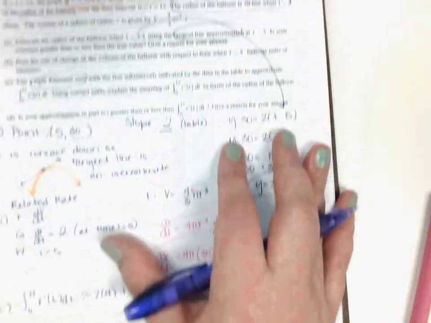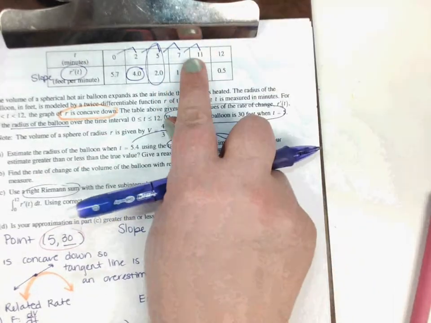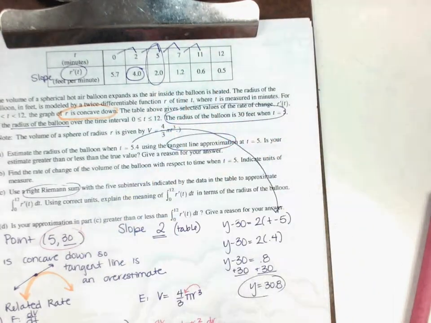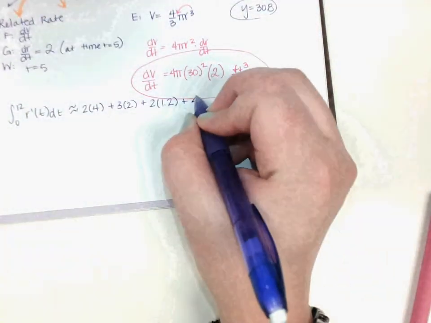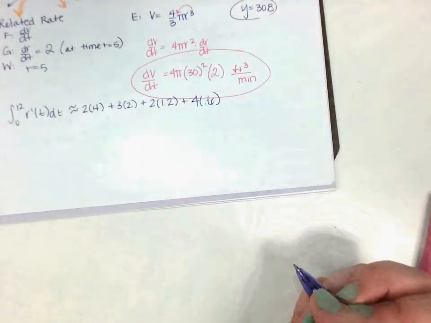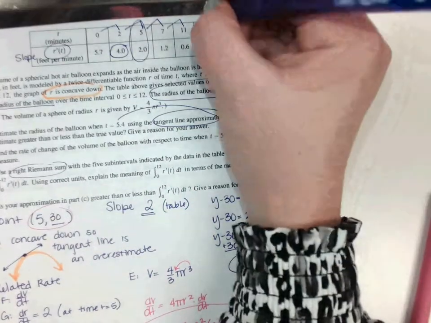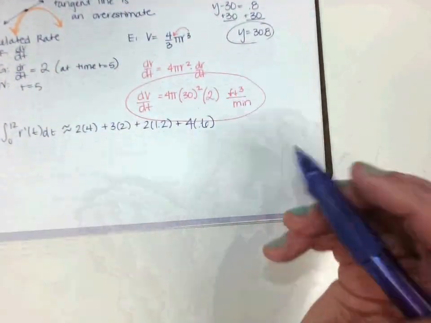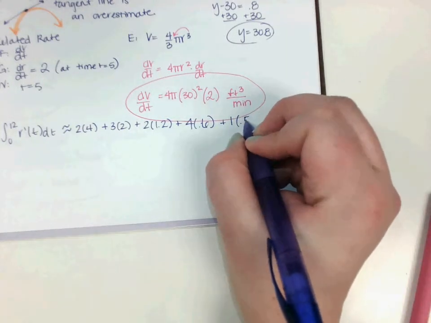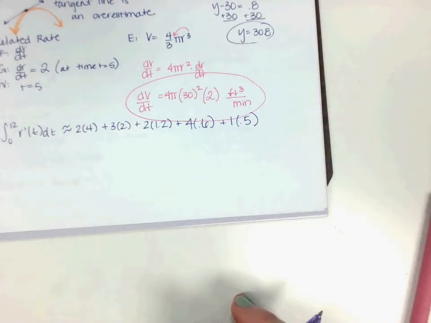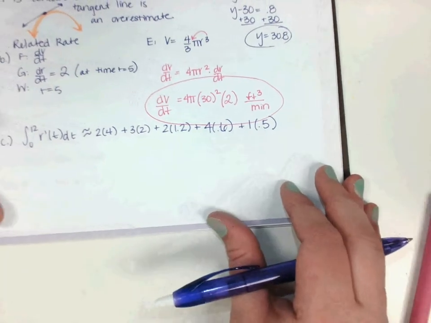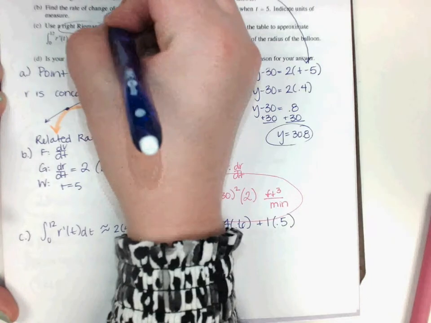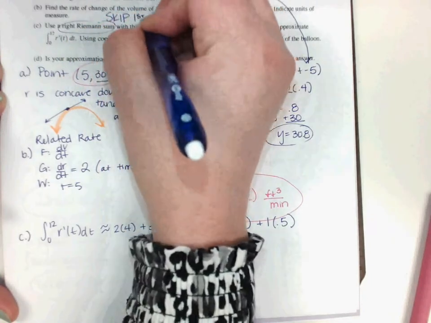Then from 7 to 11, how far is that? And my right side is 0.6. And then my next one would be from 11 to 12, how far is that? 1 with a right side of 0.5. Make sense? So remember, for a right side, you skip the first y value.